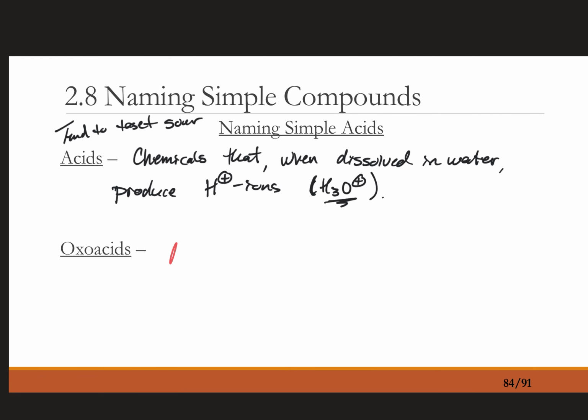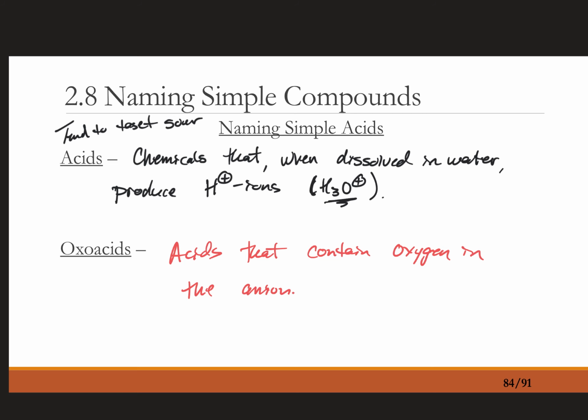Oxo acids are acids that contain oxygen in the anion. In fact, the first definition of acids was chemicals that had oxygens in them. They were oxo acids.